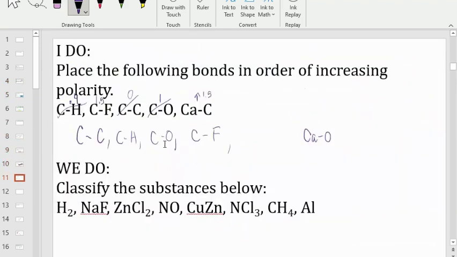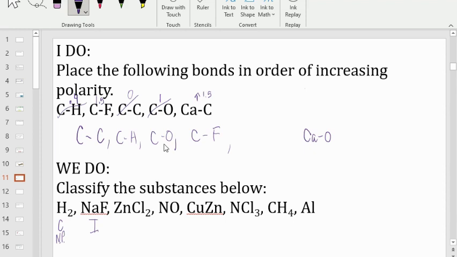All right, so the next one is what type of bonds we have. So what type of bond is this? What kind of covalent? Nonpolar. We know it's nonpolar because its electronegativity difference is going to be 0. What is this guy? Ionic. We have a metal and a nonmetal.